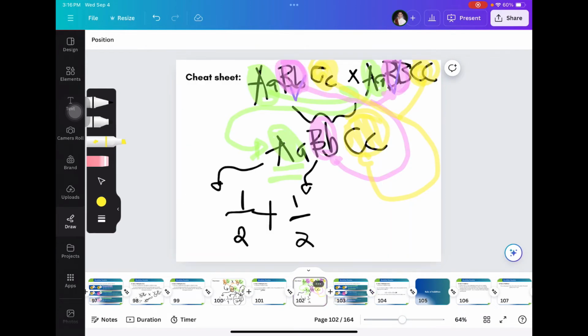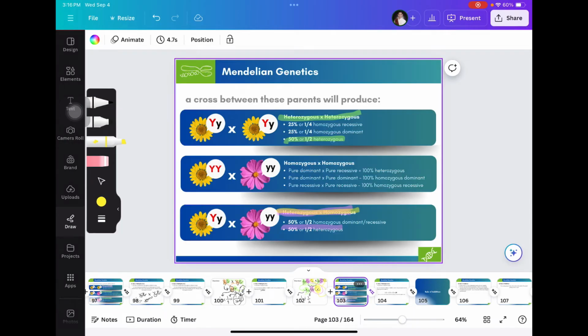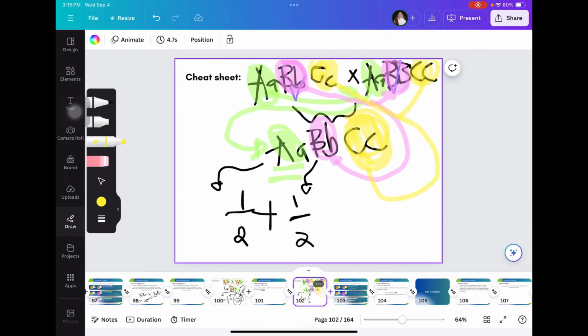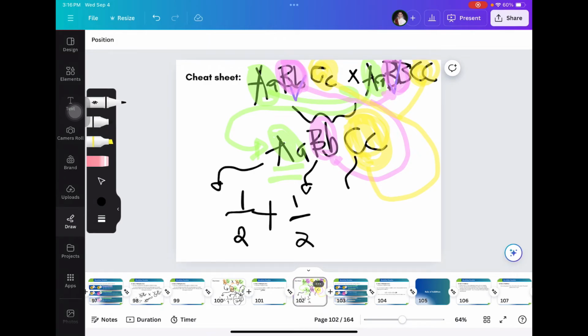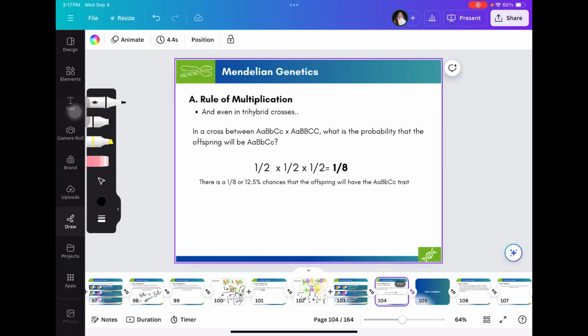And we are currently looking for the heterozygous. So the answer is 1/2, plus 1/2. Oh, I mean multiply, because this is rule of multiplication. So 2 times 2 is 4 times 2 is 8. The answer is 1/8. The same answer with this one, right?